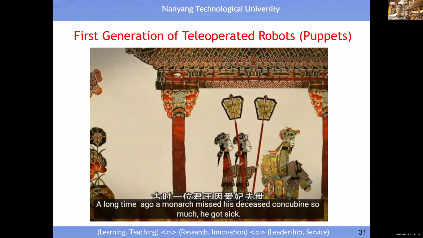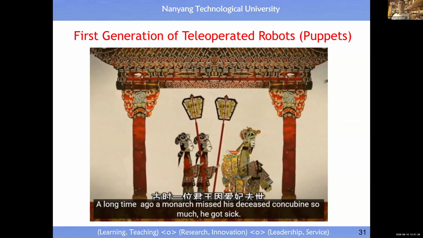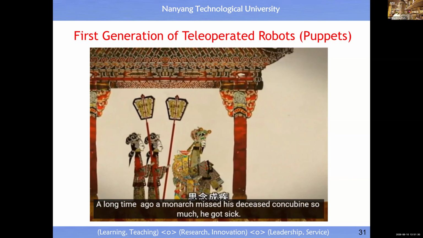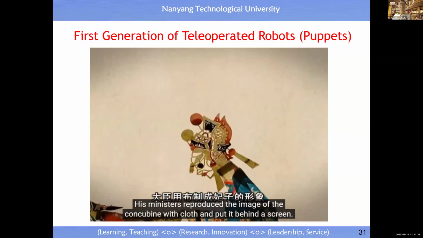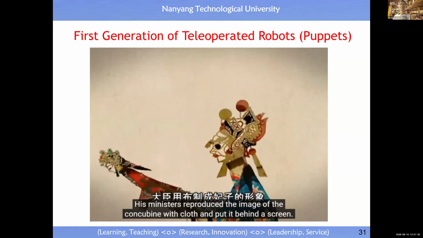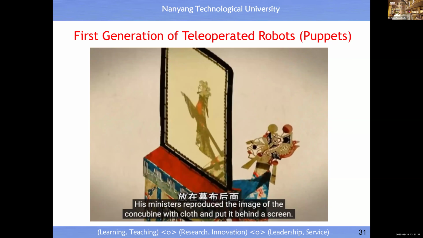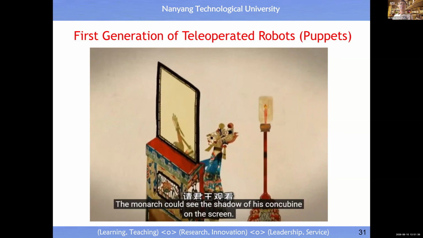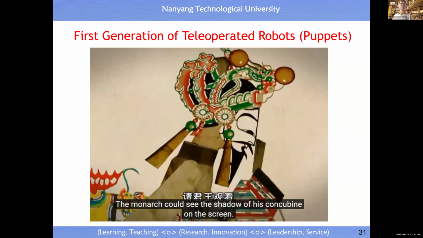A long time ago, a monarch missed his deceased concubine so much, he got sick. His ministers reproduced the image of the concubine with cloth and put it behind a screen. The monarch could see the shadow of his concubine on the screen.